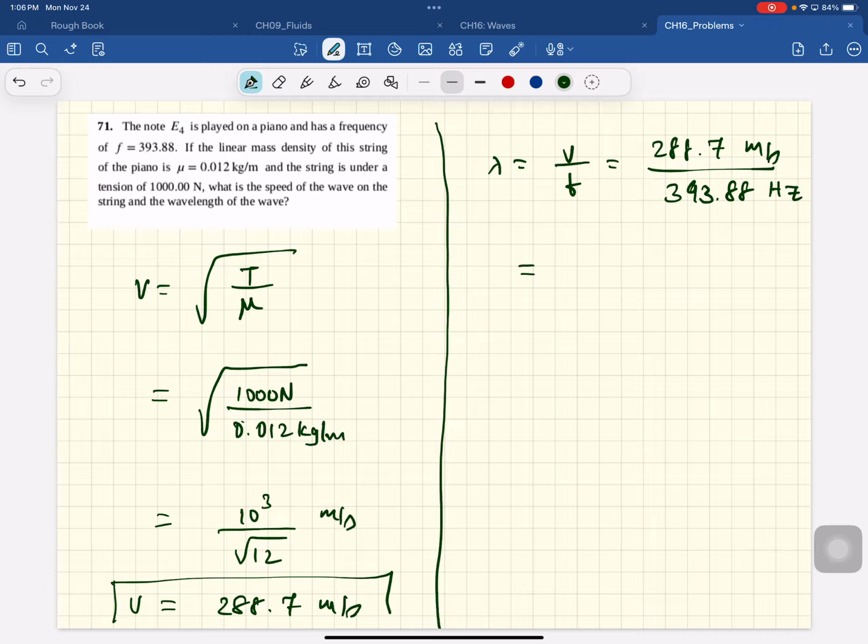Hertz is 1 over second, so okay, so that's the wavelength of the wave.